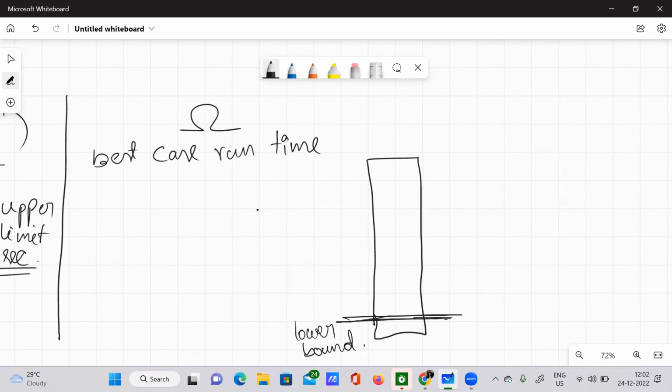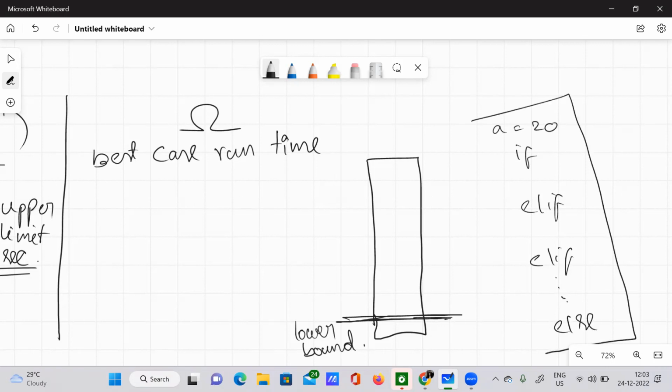For example, I have certain kinds of lines. Maybe a equal to 20, an if condition, and then the elif, and then the elif and so on, so many conditions, and then finally we have the else condition. So this is my program, right? If I want to run this program, it will usually take some kind of time.